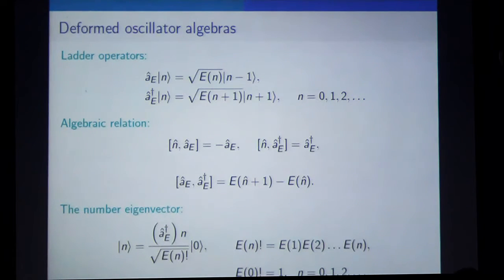And we preserve the number operator of the conventional oscillator algebra. The operators follow these algebraic relations given here. And remember, the number vector can now be expressed in terms of this ladder operator in this expression.